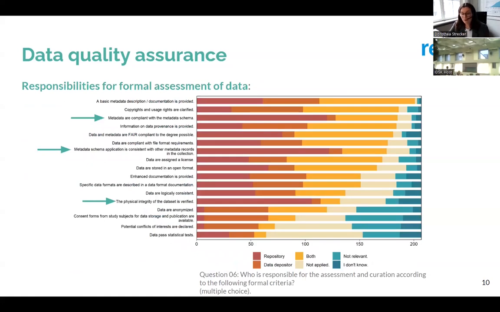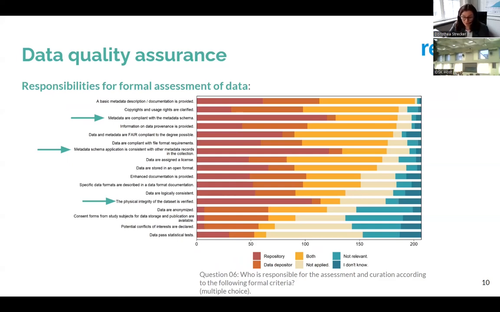In the survey, we then moved on to specific measures for ensuring data quality. Here, for example, we asked who is responsible for the assessment and curation according to formal criteria. So this refers to formal assessment. And generally, we found that repositories' approaches to quality assurance are very diverse. This really has a lot to do with the scope of the repository and its mission.